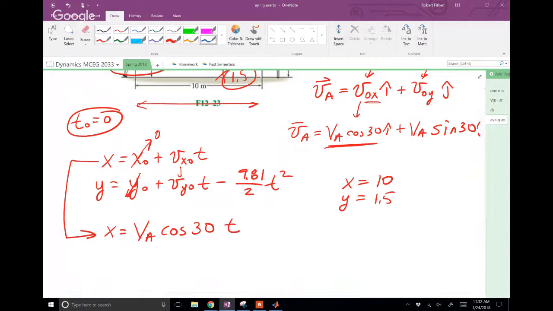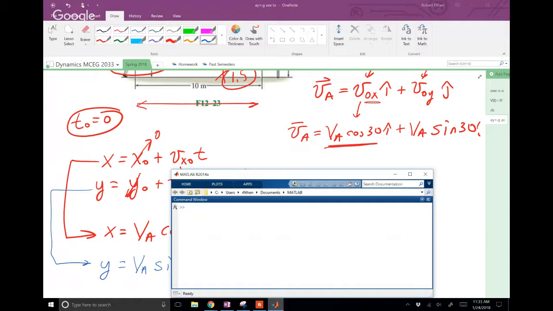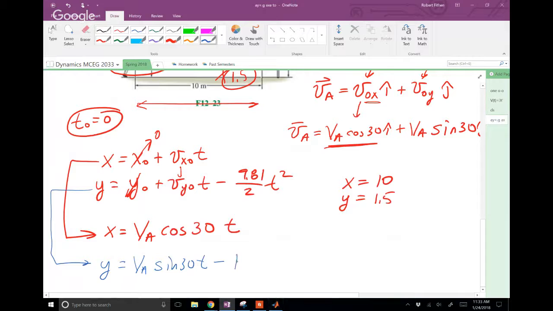The next thing I'll do is this one. Y is equal to VA sine of 30 times t minus, I don't know what it is, might as well, 9.81 divided by 2, 4.905 t squared. Is that right? I think that's right.